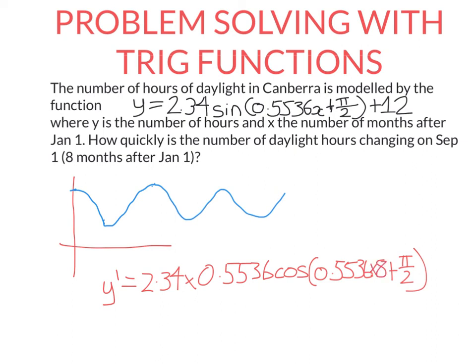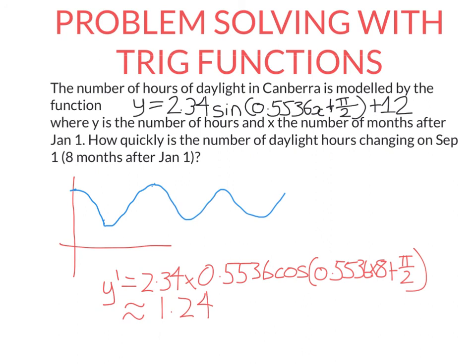So I put all of that in my calculator and I get a number about 1.24. So what that means is, on September 1, the number of daylight hours is increasing by about 1.2 hours per month. Each month around that time, there is an additional 1.2 hours of daylight.